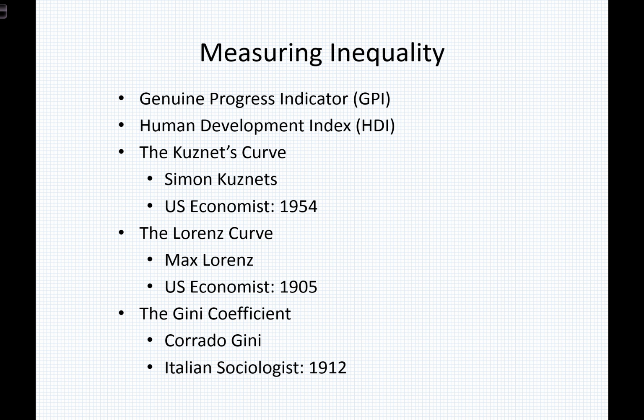And the genuine progress indicator is an index that brings all of this in to help us understand, are we improving, becoming more highly developed, or are we devolving and going backwards within our economic and social development?